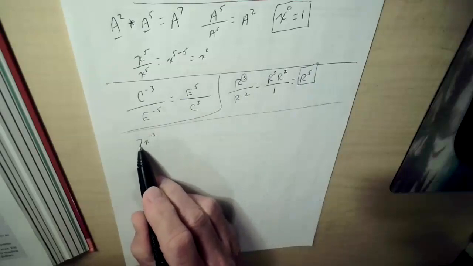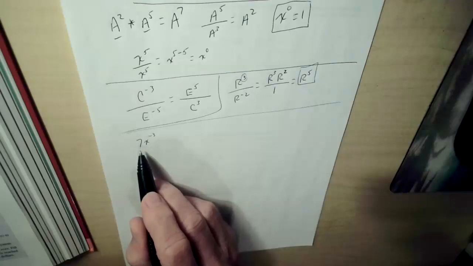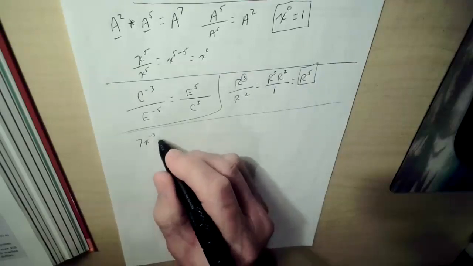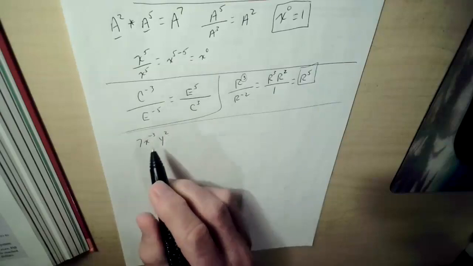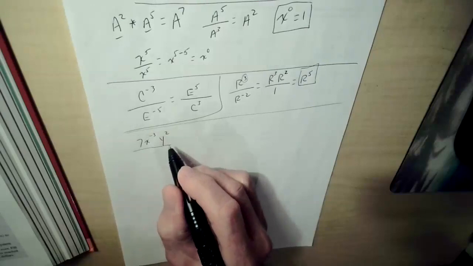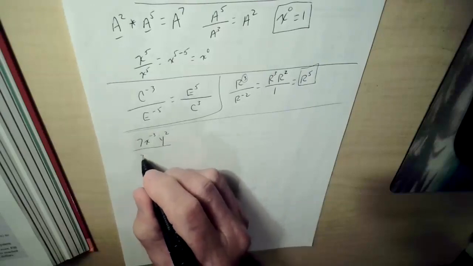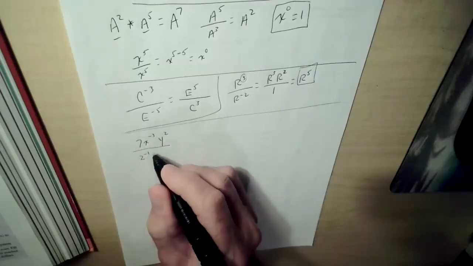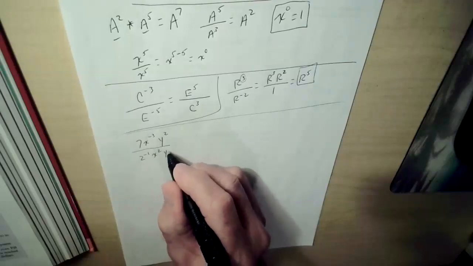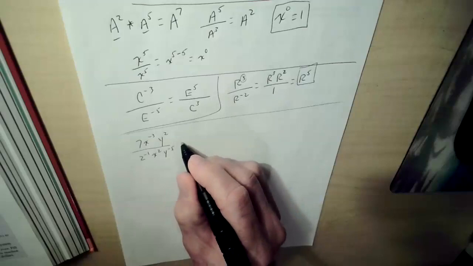Before I forget, what's the exponent on 7 here? 1. Positive 1. Don't forget that's a separate number. And y squared. Can we do anything here? No, because the base numbers are different. Divided by 2 to the minus 1 x squared y to the minus 5.